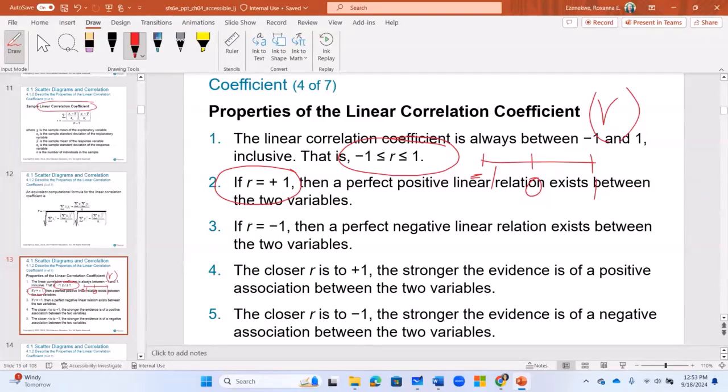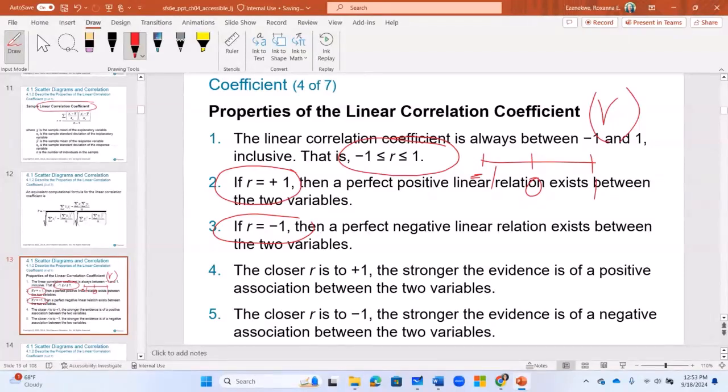Whenever you describe a scatter plot as a perfect positive linear relationship, then the coefficient of correlation is +1. If you describe it as perfect negative, then the coefficient of correlation R is -1.